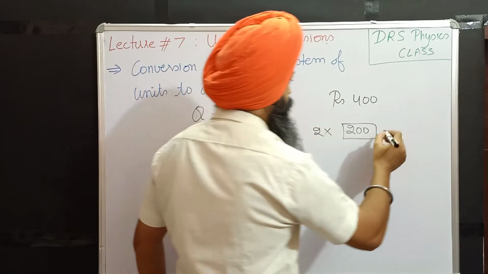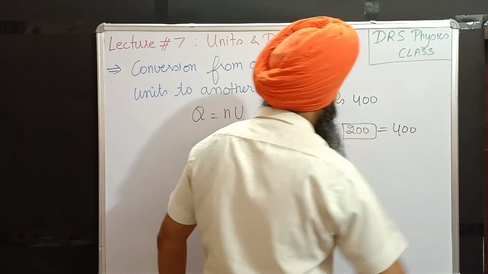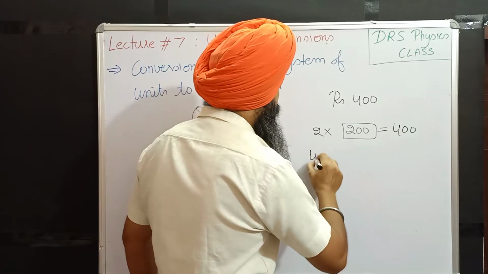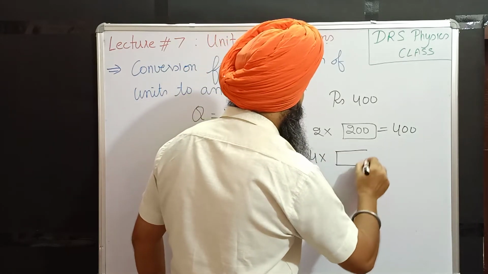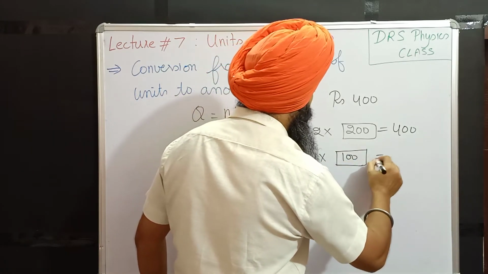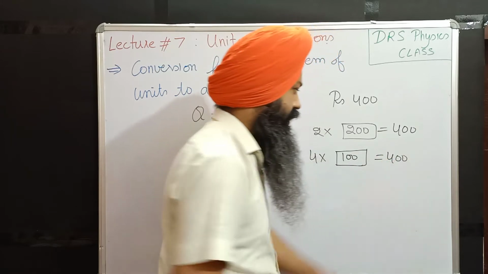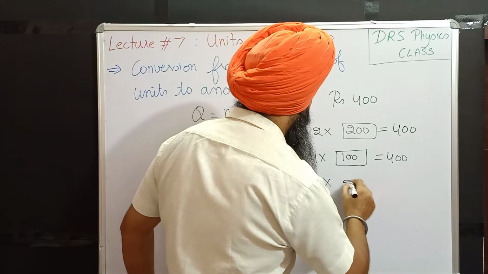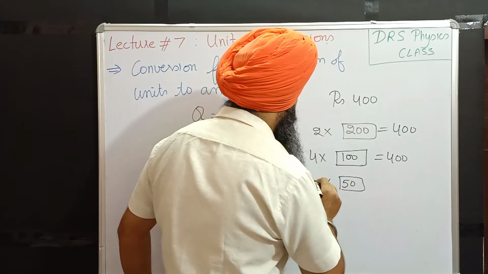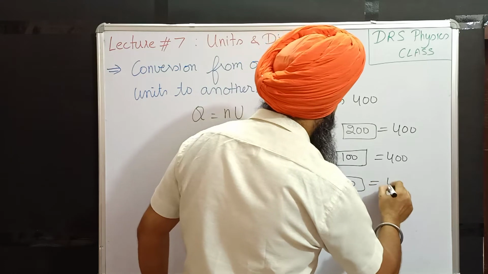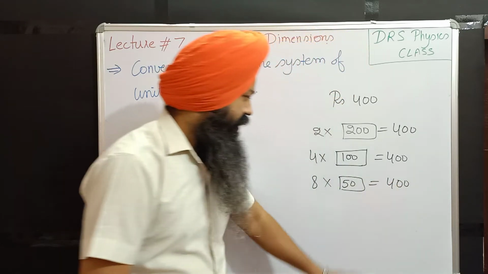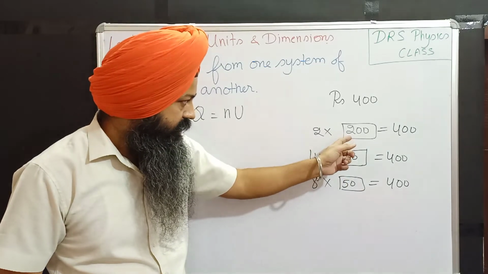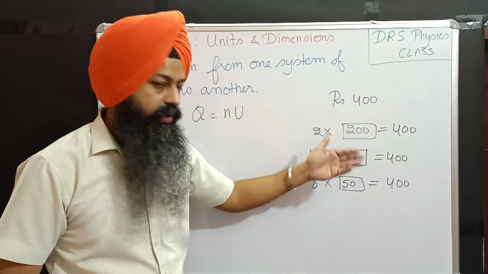That counts to 400 rupees. Another person says he has only 100 rupee notes, so he has to pay four such notes. Again the amount is the same. If another person has only 50 rupee notes, he has to pay eight such notes. So as the value of the note decreases, the number of notes increases.